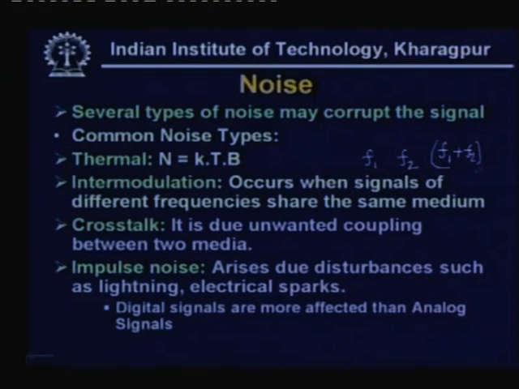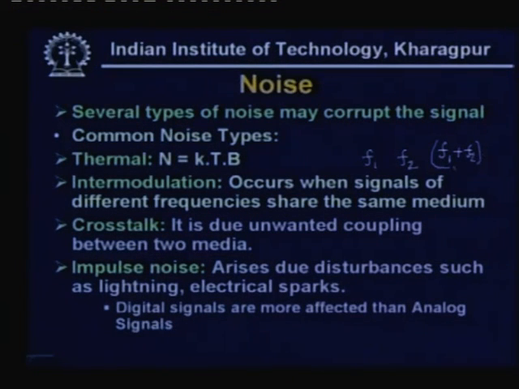This signal f1 plus f2 will add, if it is in the same phase, if there is a signal of f1 plus f2 in the original signal. That means the noise generated because of intermodulation will be added to the signal if it has a frequency component f1 plus f2. So we find that intermodulation occurs when signals of different frequencies share the same medium. This is an example of how a different frequency signal component is generated from two frequency components.